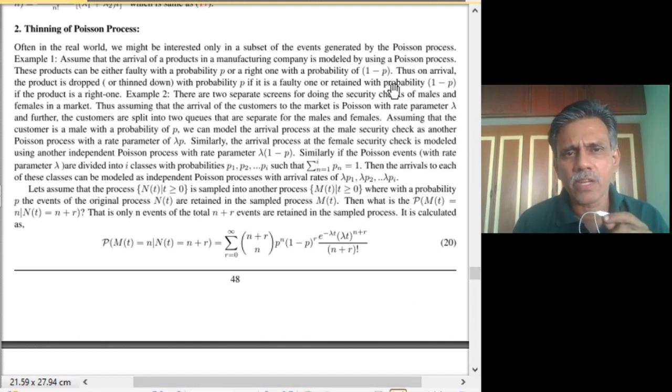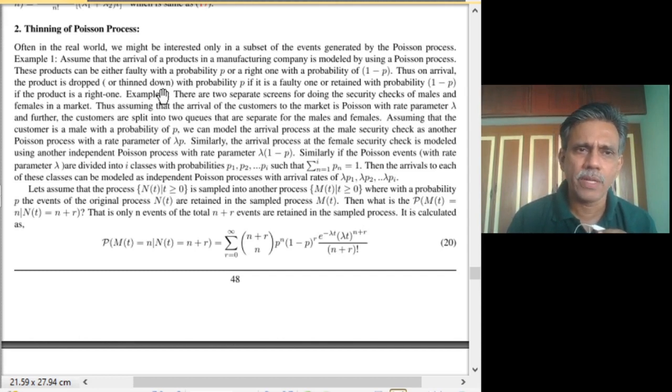So some examples are as follows. We have a manufacturing facility where products are manufactured at a Poisson rate lambda, but we do a quality check before products are sent out to the market. We find that there is a probability p with which a product may be faulty. Those are discarded and separated out.